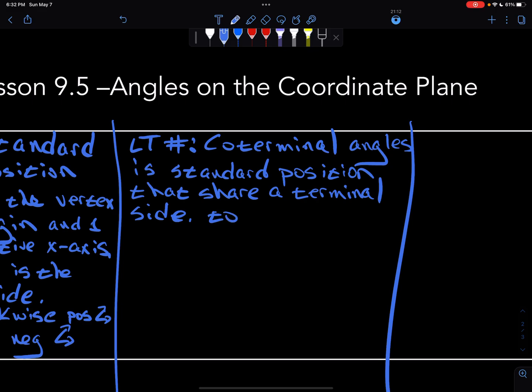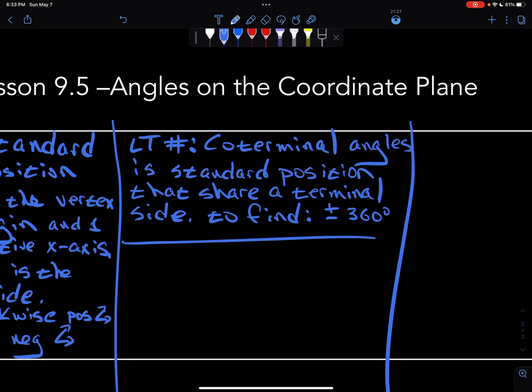To find them, you either add or subtract 360. Third learning target, this was learning target 2. Learning target 3.